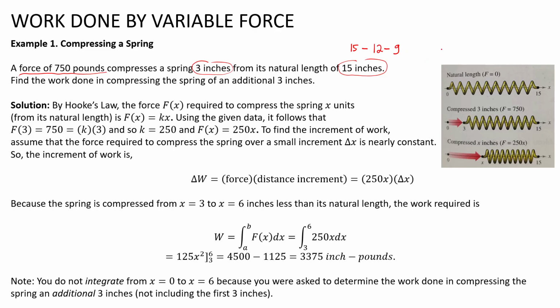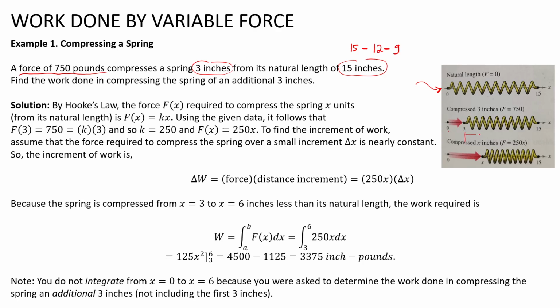Since this one is a spring problem, notice that in the figure on the right side, this is the natural length of the spring. Compressing it by 3 inches with a 750 pound force, this becomes the spring now.